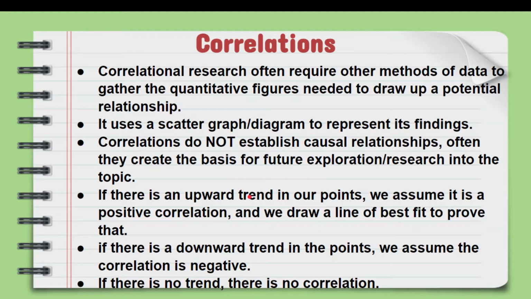And if we establish a positive or a negative correlation, it often gives us a base or background, something to go off of, so we can conduct an experiment or future research on the same topic. Upward trends are positive, downward trends are negative, and if there is no trend, then there is no correlation.